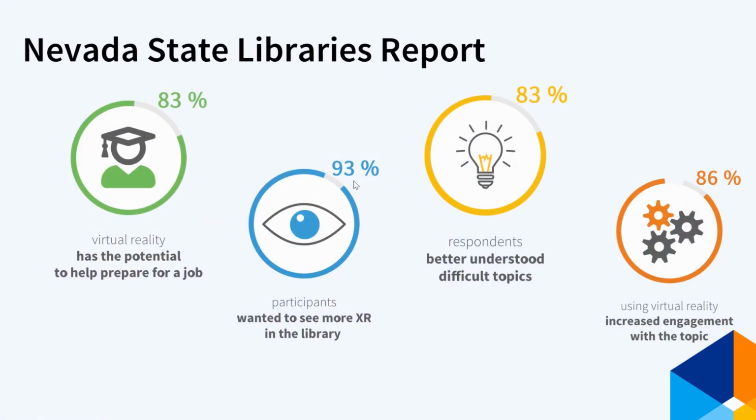This is a report conducted by Nevada State Libraries, where Lifelike has been used across libraries in all the states. The respondents find virtual reality provides a huge impact on how they can prepare for their jobs. Respondents were able to better understand difficult topics, and as mentioned before, using Lifelike in virtual reality significantly increased engagement with science topics.